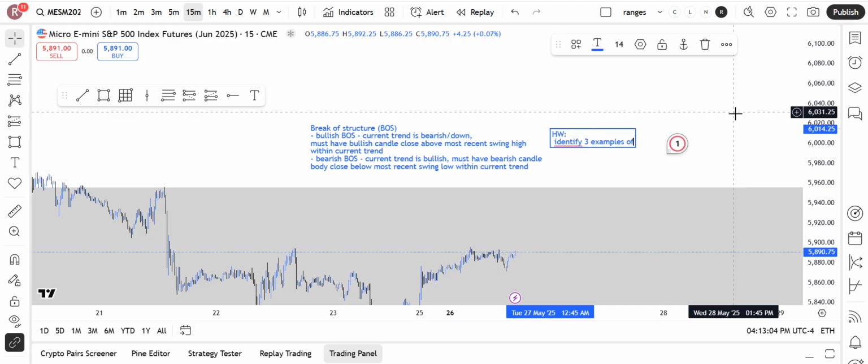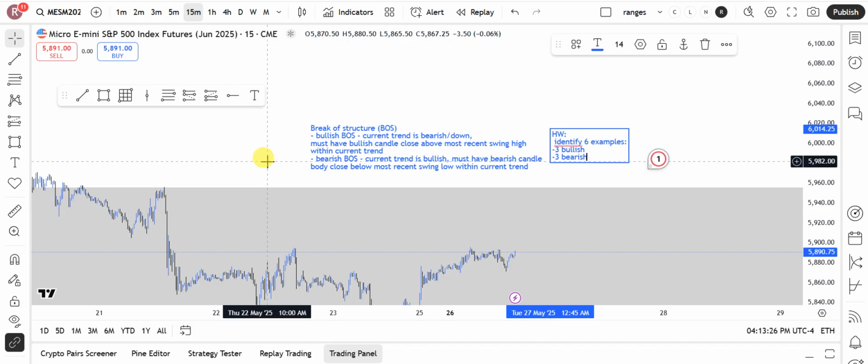Actually, we'll do 6 examples, because I want 3 of them to be bullish, which means break of structure to the upside, and I want 3 to be bearish.